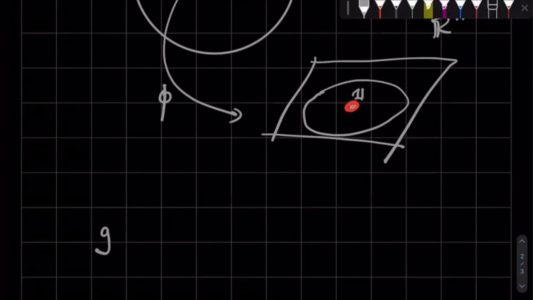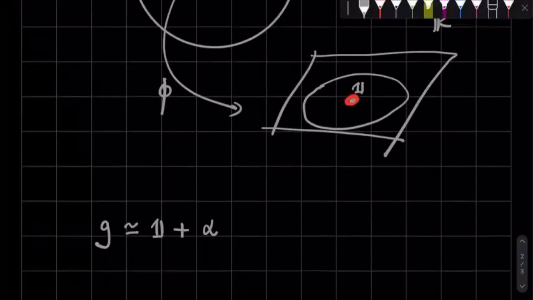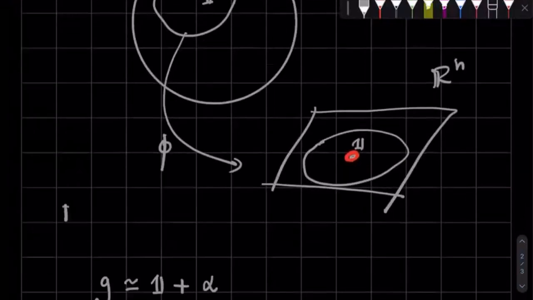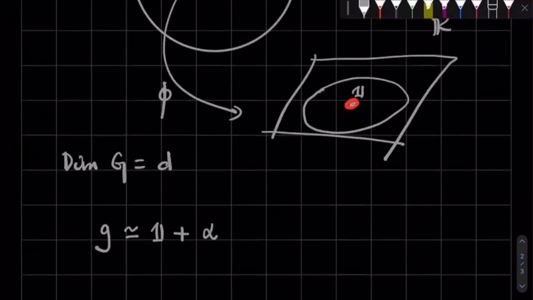Those elements will be the identity matrix plus, if the dimension of the group is D, there are D independent parameters we can choose, and we choose them such that these are small parameters.